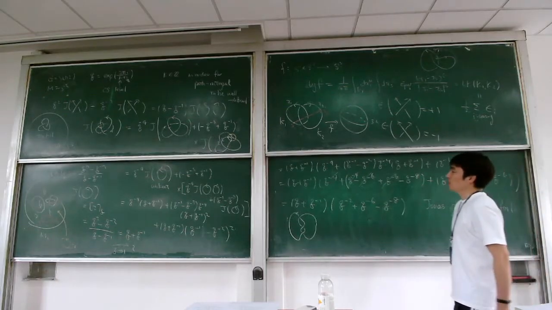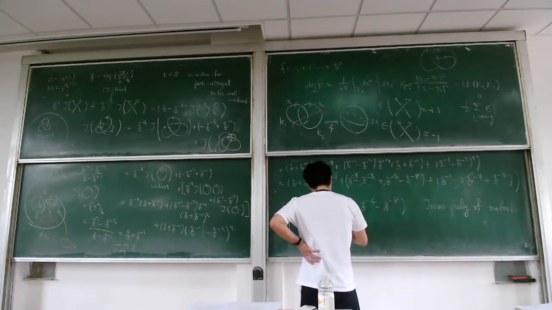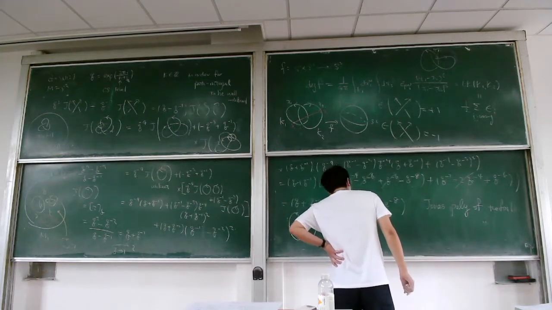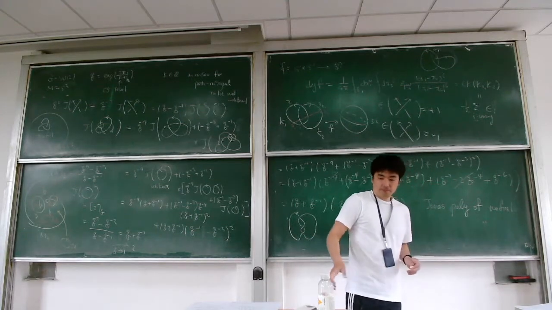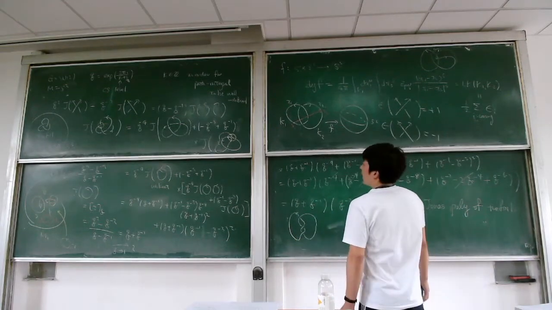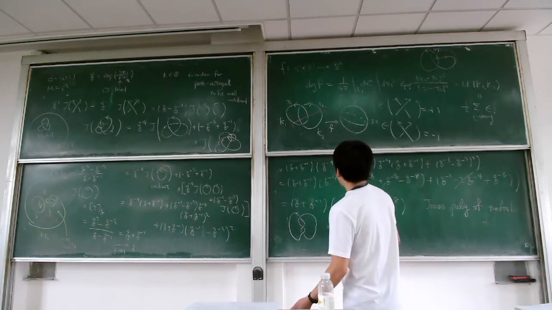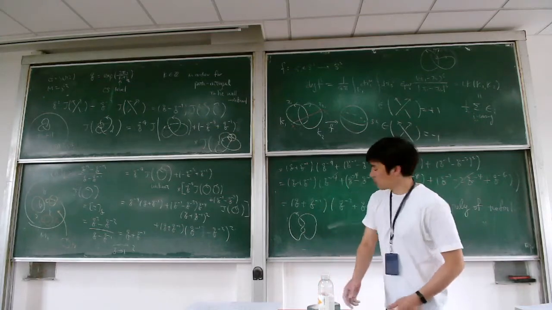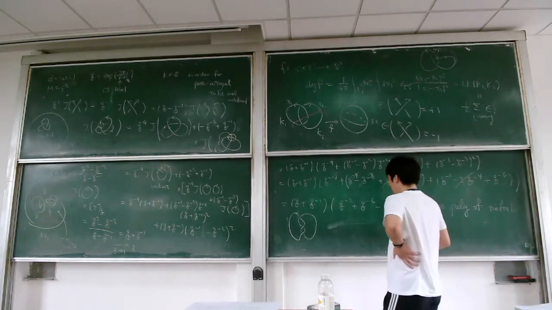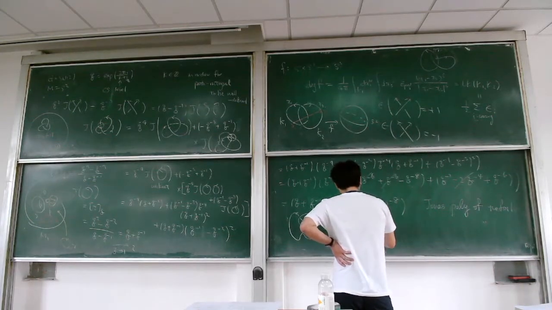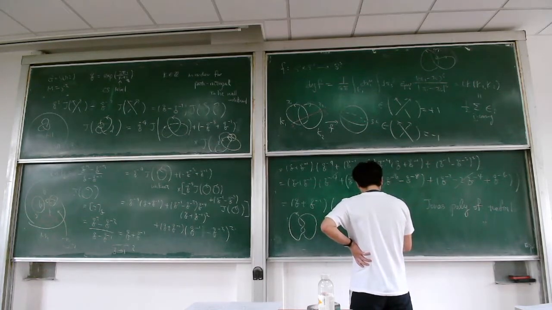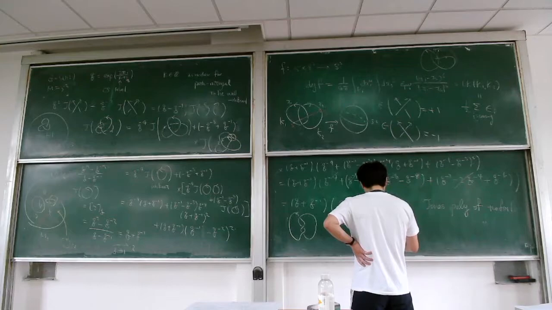So the upshot is that even though we consider very complicated non-trivial path integral, at the end of the day it becomes a Laurent polynomial. So this is the expectation value of the triple.